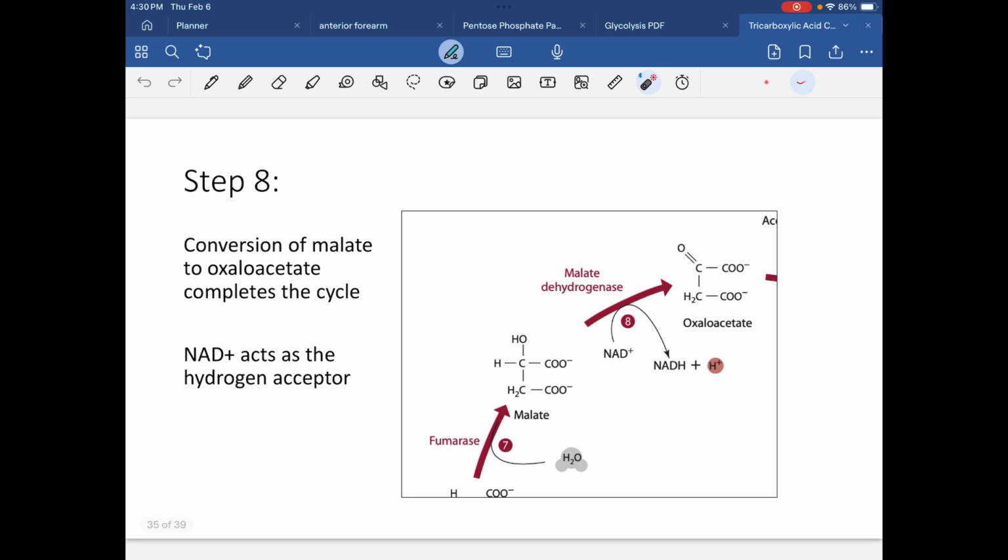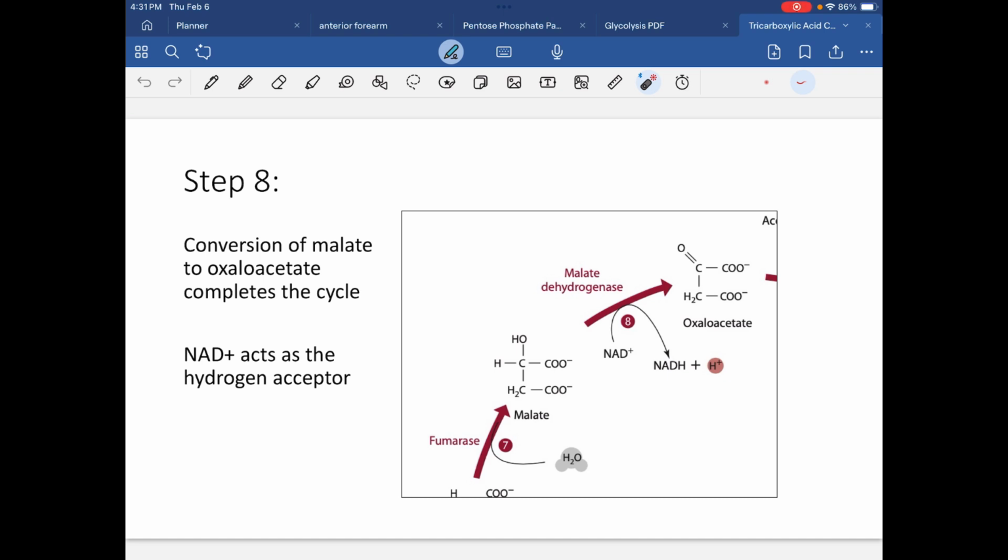From malate, at this point, we're going to dehydrogenate one more time. So we're going to need a malate dehydrogenase. And we're going to use NAD as our electron carrier again. And that dehydrogenation is going to make oxaloacetate. Sometimes you're going to see this as OAA because it's really hard to pronounce.